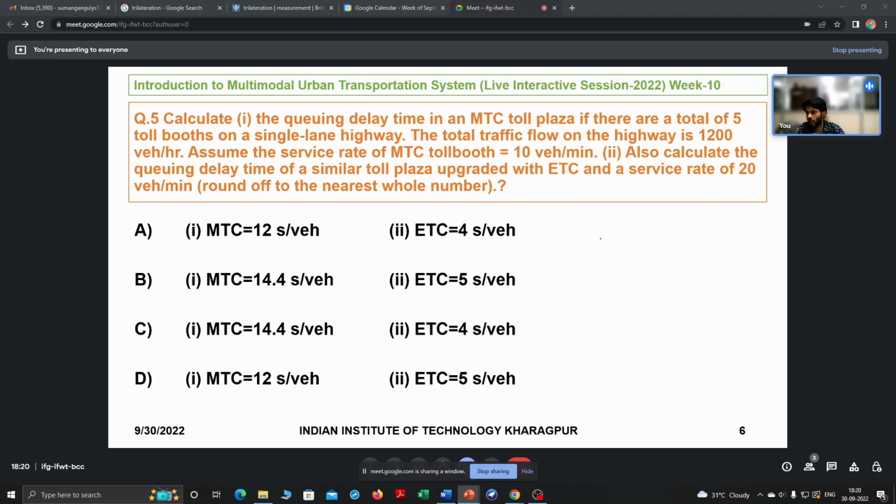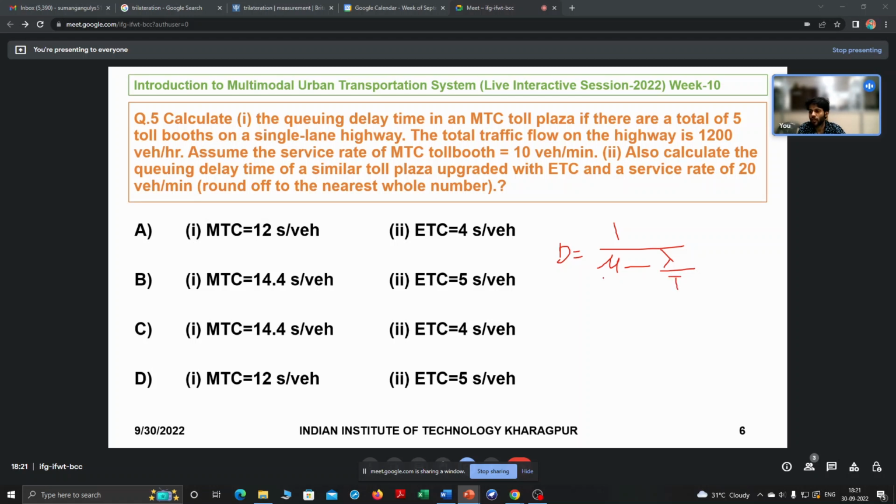So the formula to calculate your queuing delay time is 1 by (mu minus lambda by T).